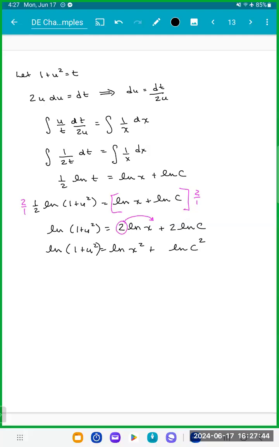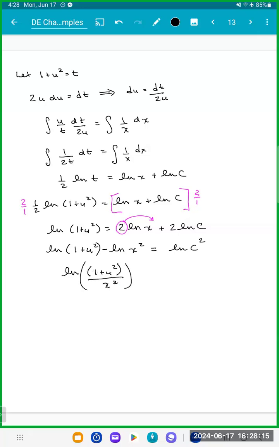So we could actually move this ln to the other side, right? All I've done is move the ln of x squared from the right-hand side to the left-hand side, so I'm just minusing it off. And so when we combine this, we would have ln of 1 plus u squared over x squared, right?